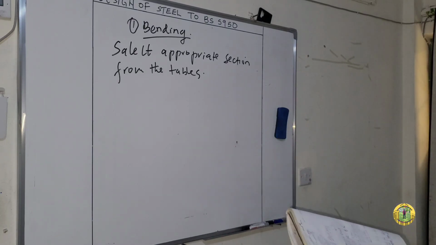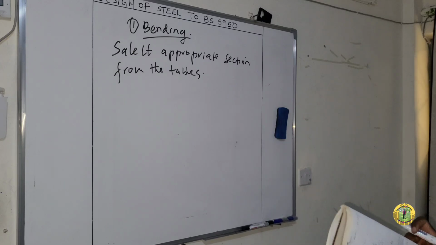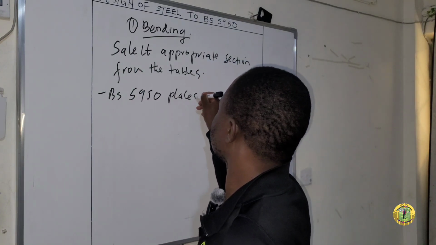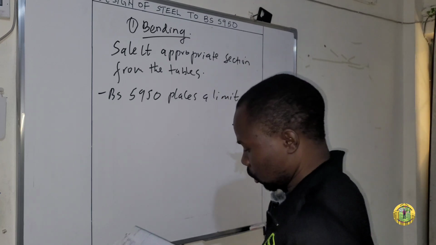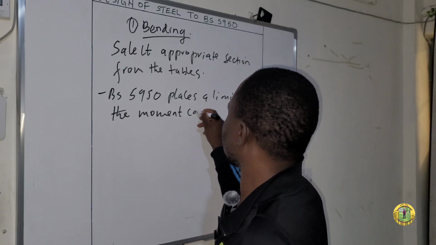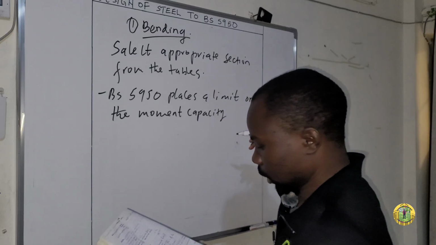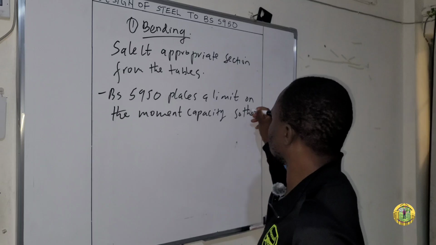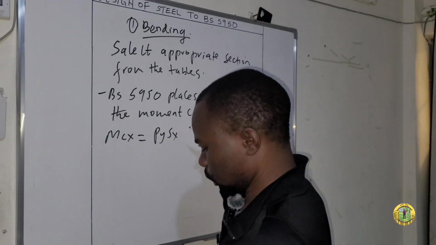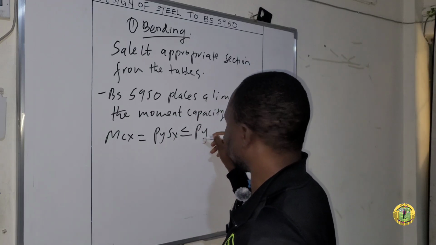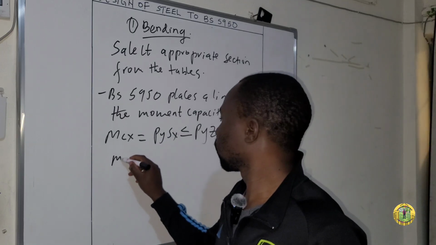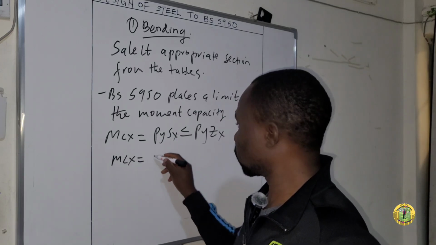Then BS 5950 places a limit on the moment capacity, so that moment capacity Mcx is equal to py Sx, which is less than 1.2 py Zx, whereby Mcx is equal to the applied moment.